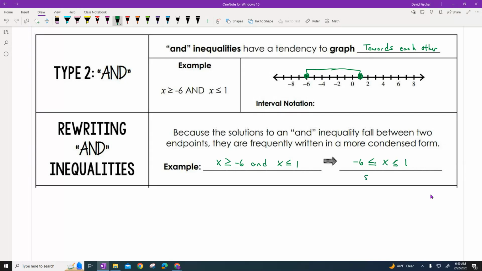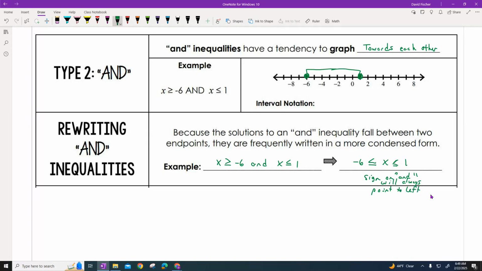So signs on and statements, I'll put that in parentheses, will always point to the left. See how they're pointing to the left?